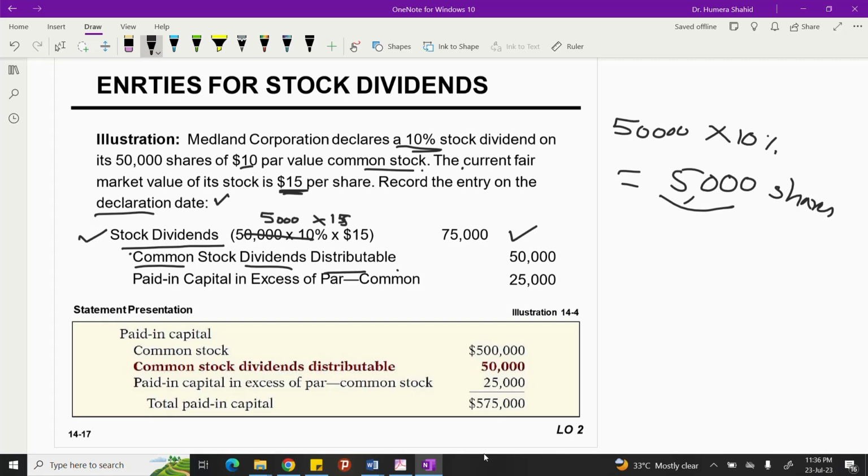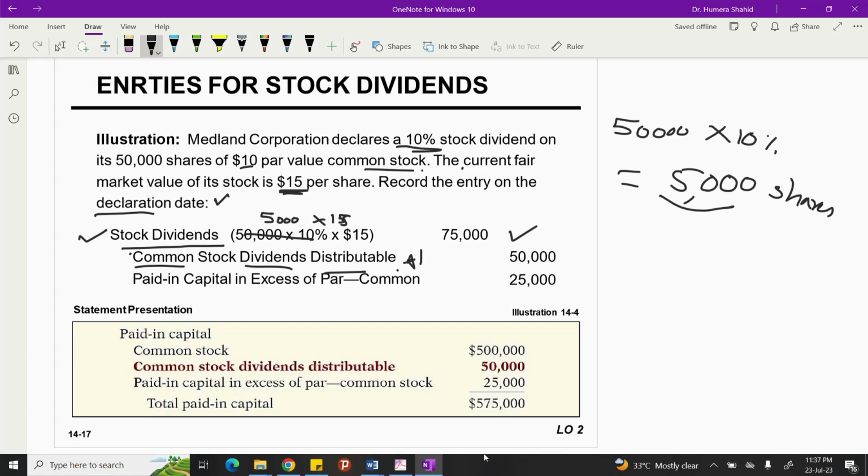This account says that these are common stock in the form of dividend which we still need to distribute. The characteristics of this account are exactly like common stock. It is mentioned in the equity section with the common stock. It is recorded at the par value or the stated value.